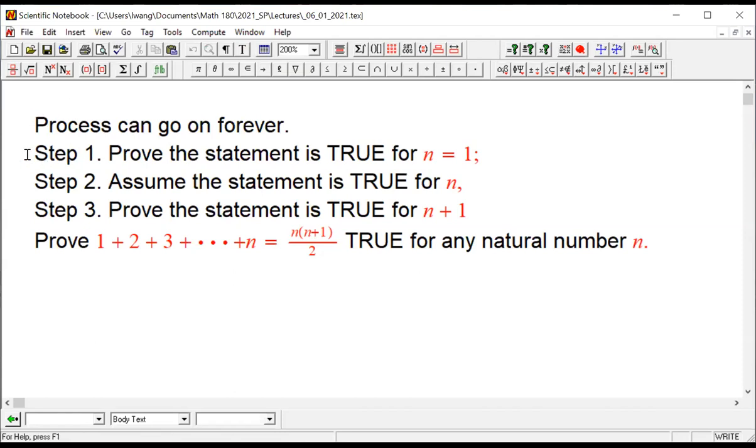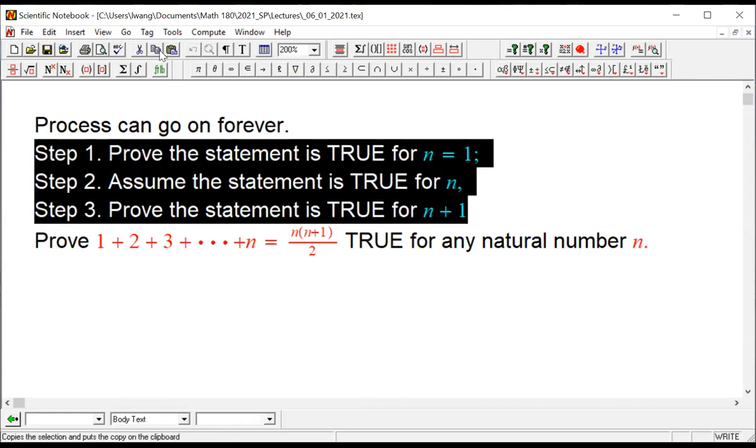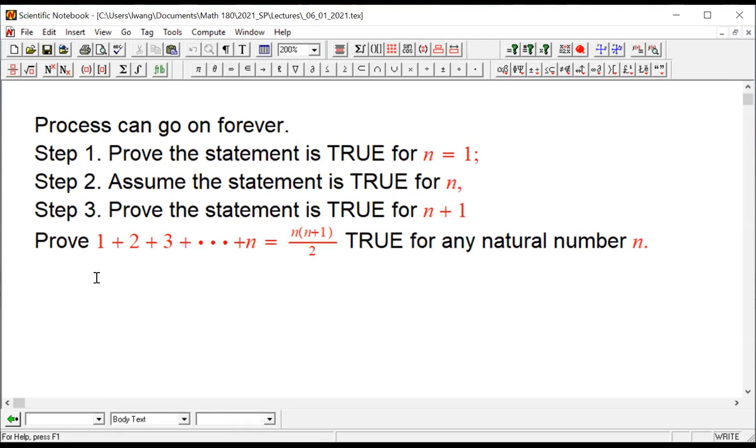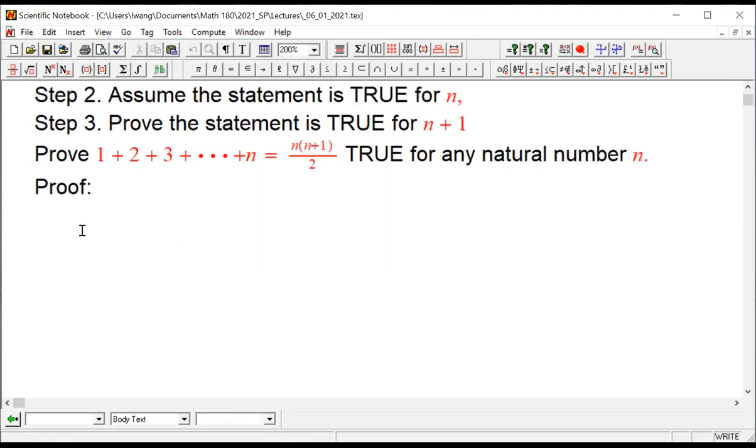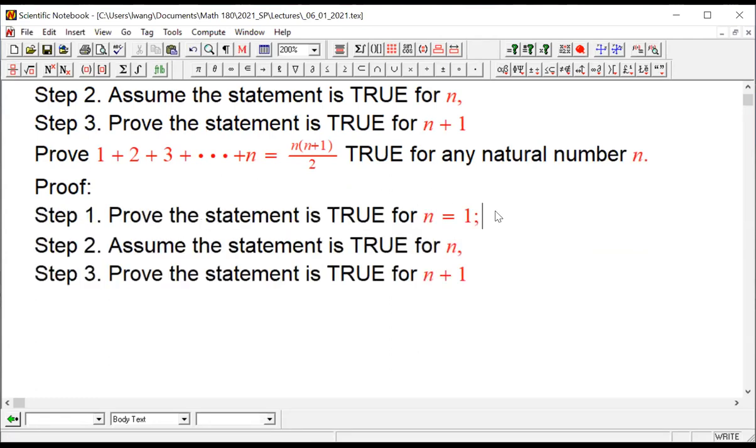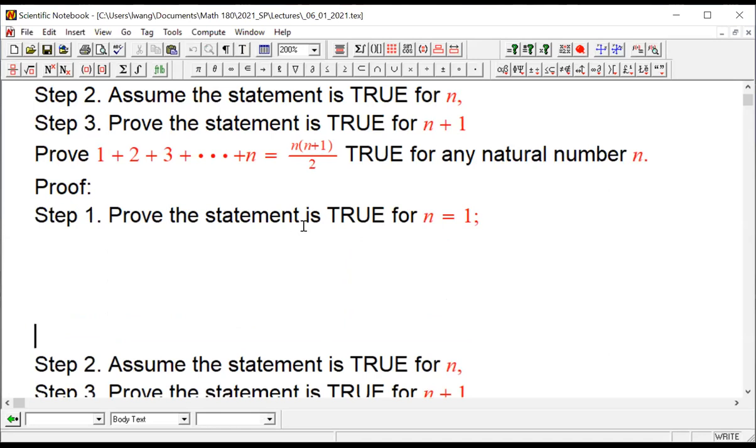So we're going to follow these 3 steps. Let's write up our proof. Step 1: we need to prove that it's true for n equals 1.